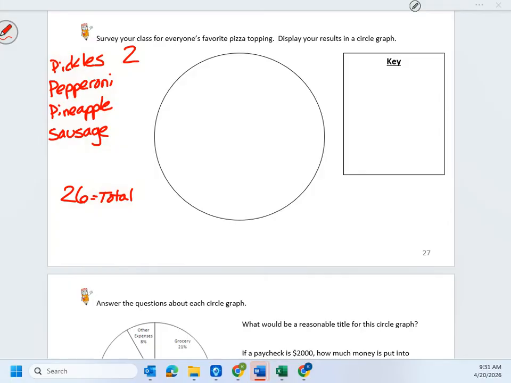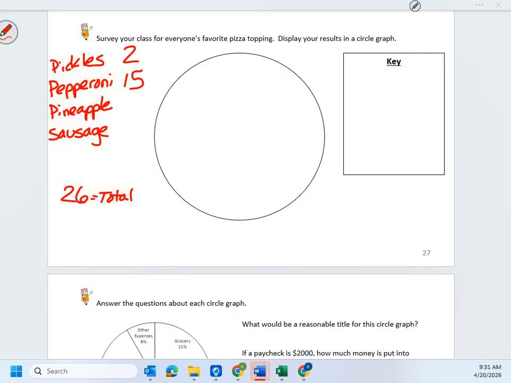So 1, 2, 3, 4, 5, 6, 7, 8, 9, 10, 11, 12, 13, 14, 15. Oh, you guys, you can't throw your hand up after I've already counted. Let's put them up again. Keep your hand up, and once I do your table, put your hand down. So 15 pepperoni.